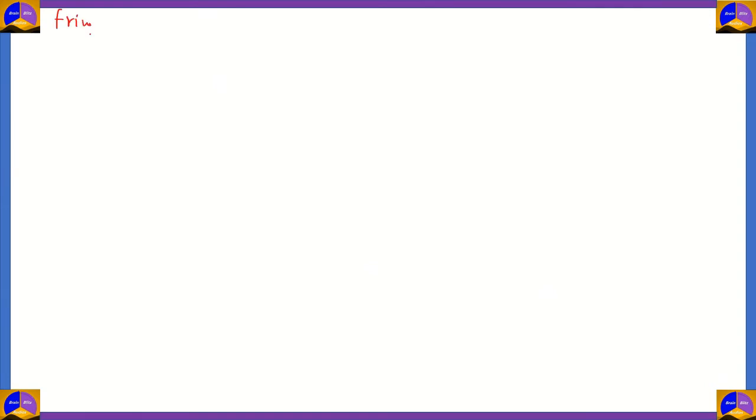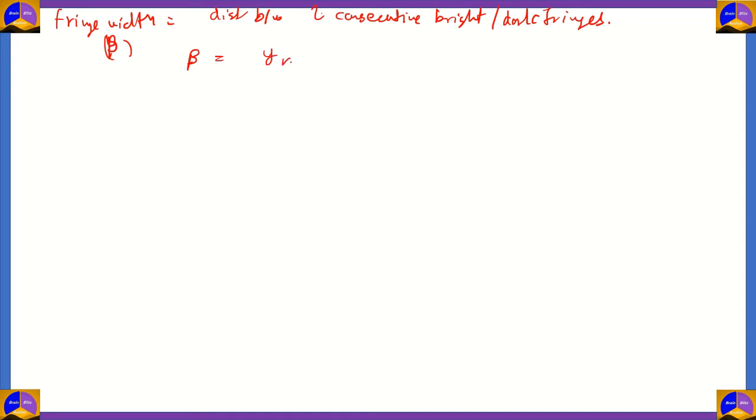So fringe width beta is equal to the distance between two consecutive bright or dark fringes during interference. So we can write beta is equal to yn minus yn minus 1.